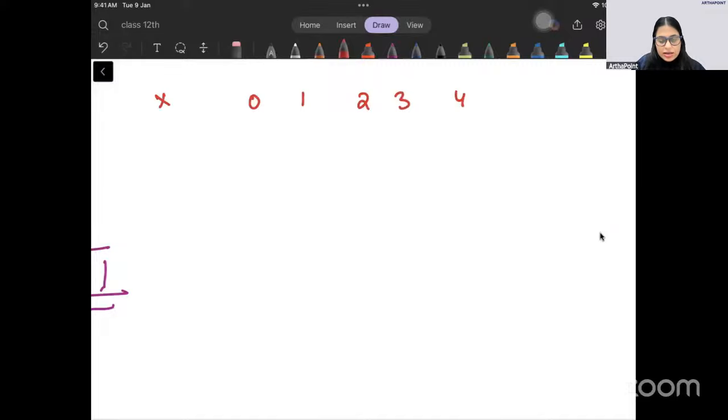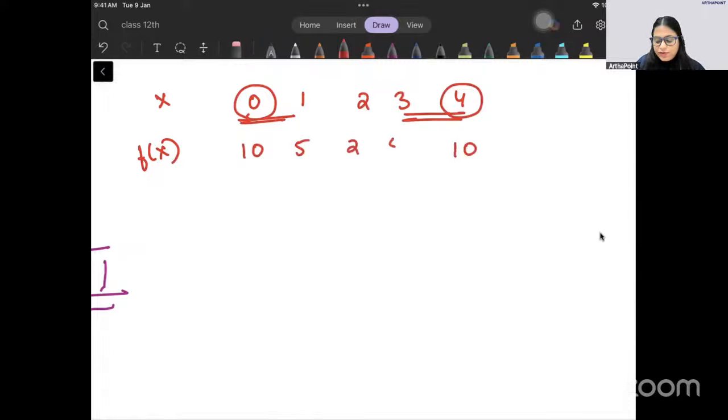Extreme ones having more frequency means suppose the frequency of 0 is 10, of 4 is 10, and of 1, 2 and 3 is 5. So the extremes have more frequency. This is what Kurtosis tells.